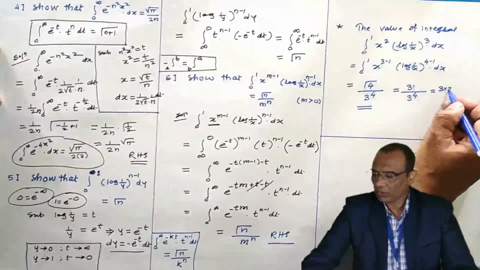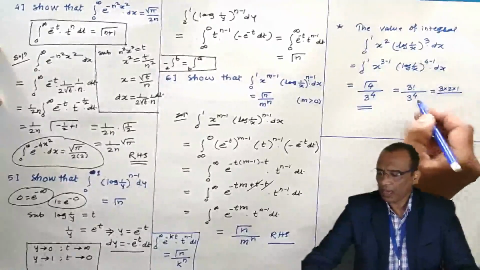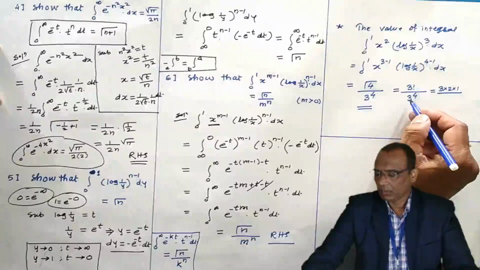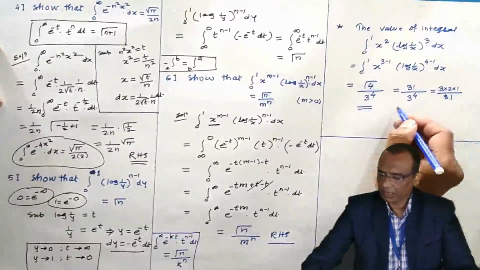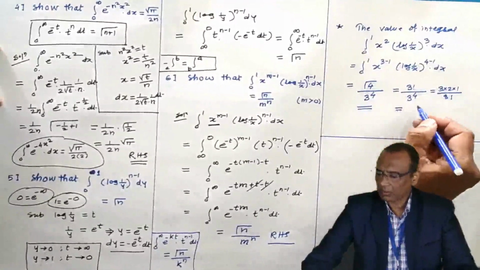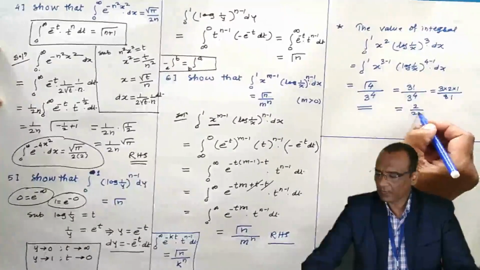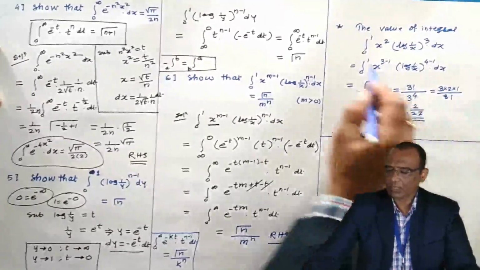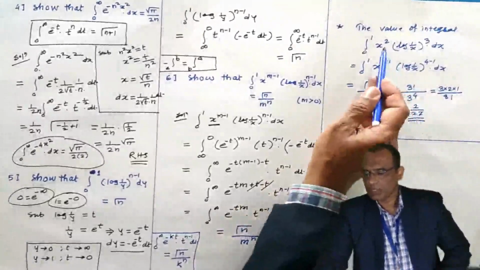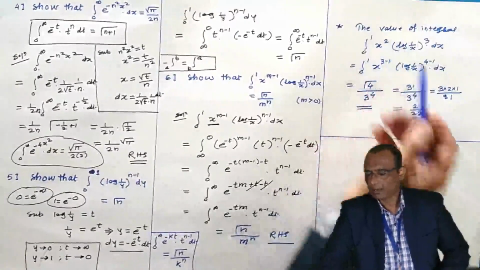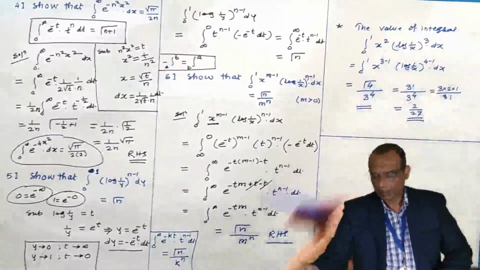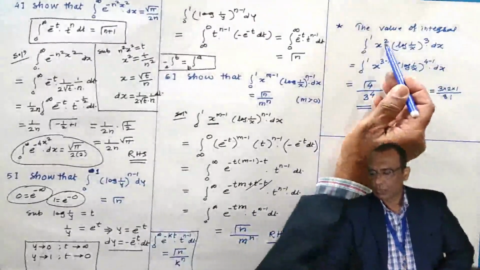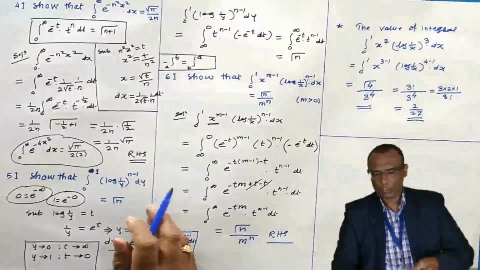Factorial 3 is 3 into 2 into 1, and 3 power 4: 3 square is 9, then 27, then 81. Okay, and 2 by 27 is the answer to this one. This is the value of this complex integral. In this way, in examination, the integral may be asked. This 2 and 3 may be replaced by any other fixed constant.